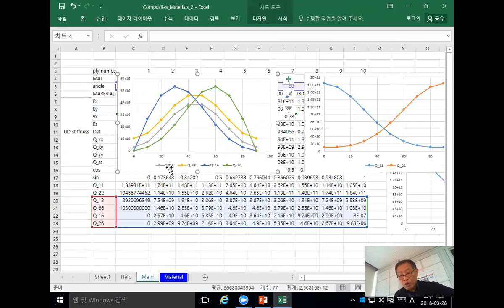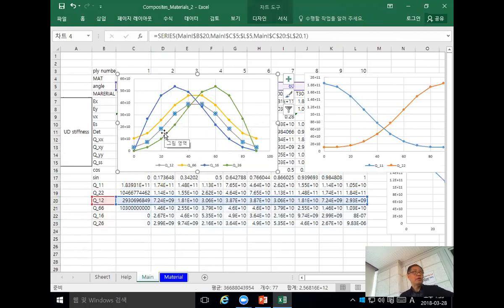For example, Q12. Please take a look at the Q12. What is the Q12? That is kind of Poisson's effect, right? Q12 is the Poisson's effect. And as you can see, it varies from a very small value. This is a stiffness, by the way, not the compliance, but you can see this value changing like that. And also Q66, a very important term. What is Q66? Shear stiffness, okay?